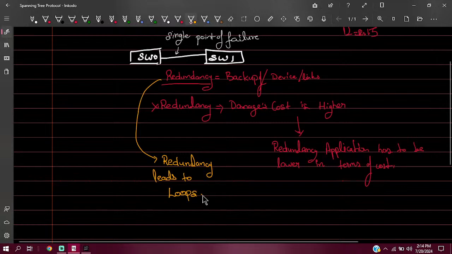Loops. Now, what is a loop? Let's talk about that too. So, guys, a loop is an endless network segment.